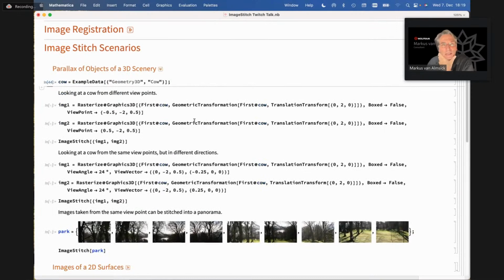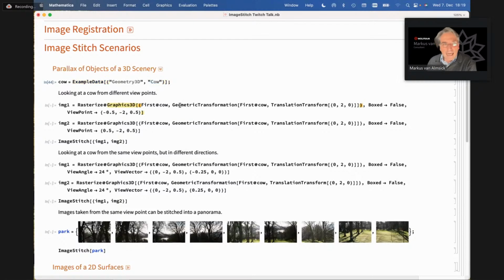Okay, so just to make the point, I downloaded here a 3D geometry from our example database for 3D shapes. And since Wolfram Research is located in Illinois, where you have to love the drive of campus, corn, and cow, I have chosen a cow, since this is the animal you'll most likely see in the center of Illinois.